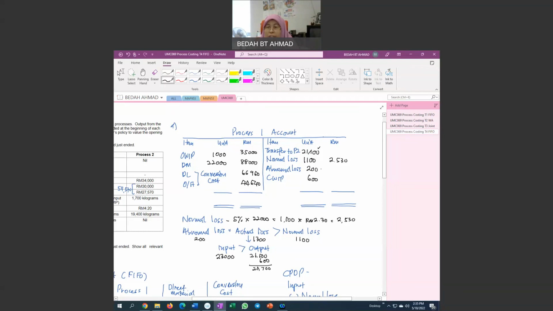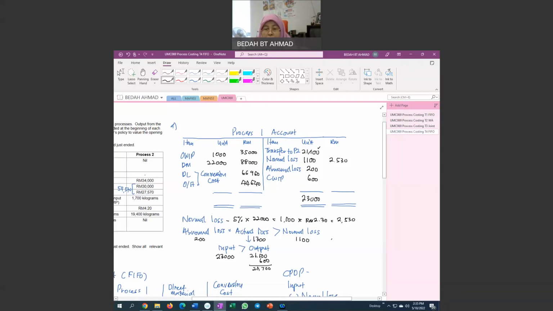Then we add that with the transfer to process 2, the normal loss, and the closing work in progress. So we have a total of 23,000. 21,100 plus 1,100 plus 200 plus 600 is 23,000.